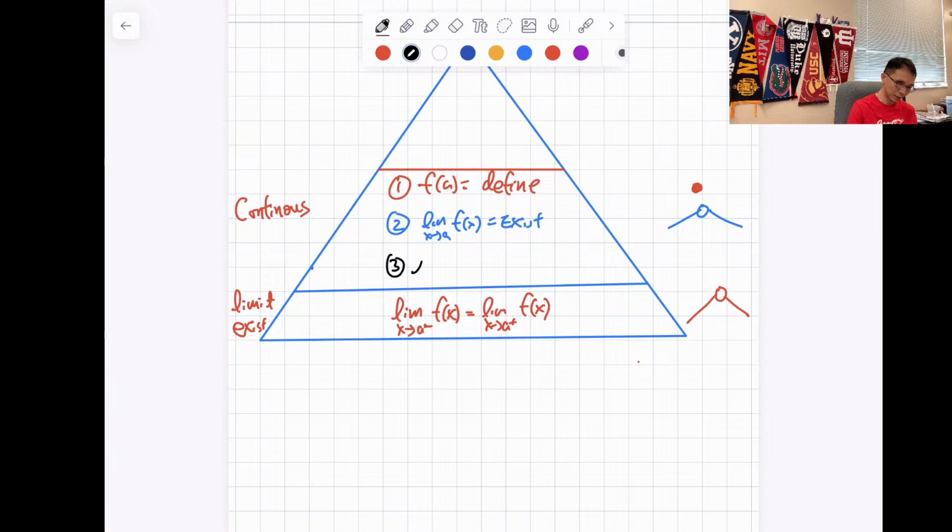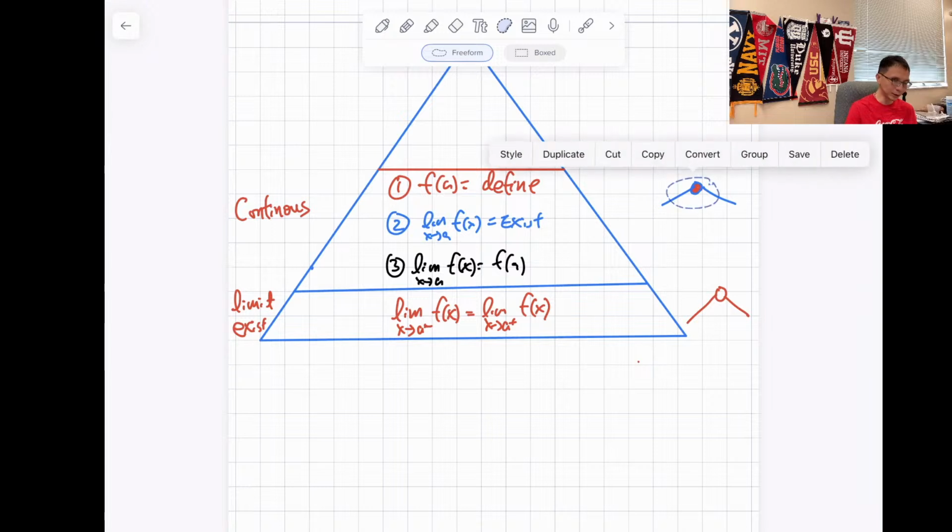The limit as x approaches a of f of x equals f of a. Good. So then I can move this up to fulfill that, and that becomes continuous.